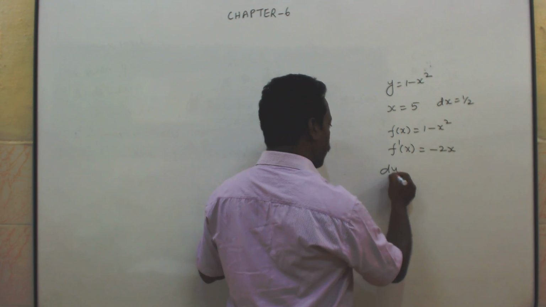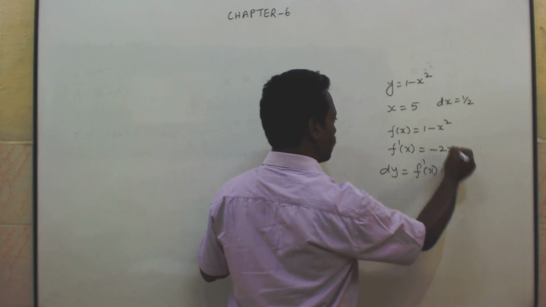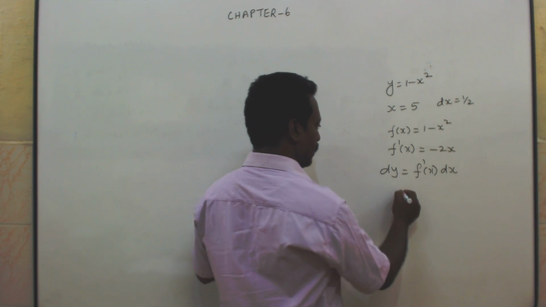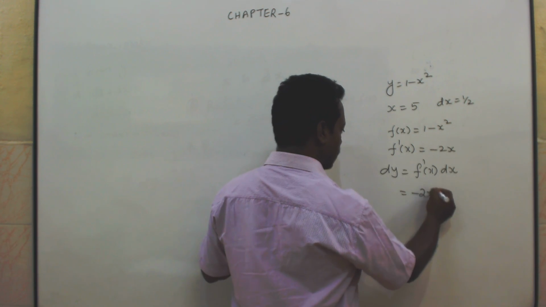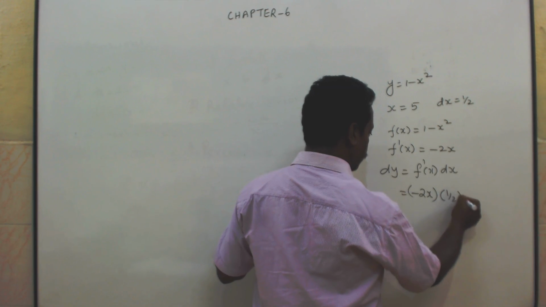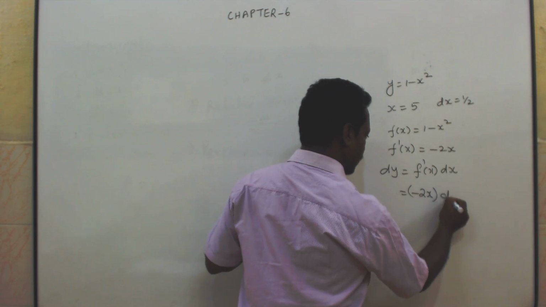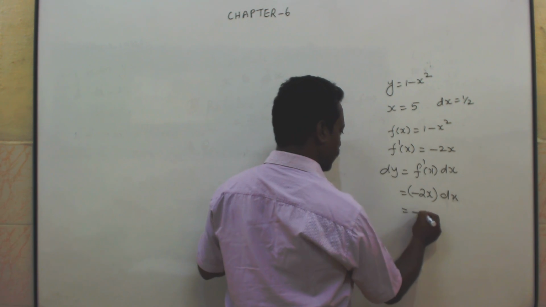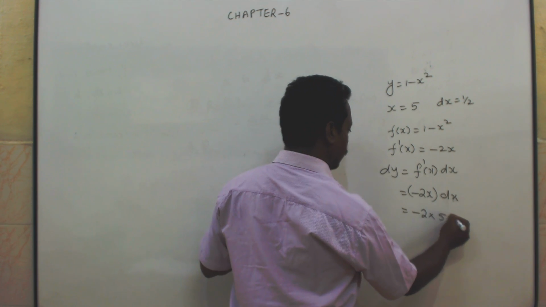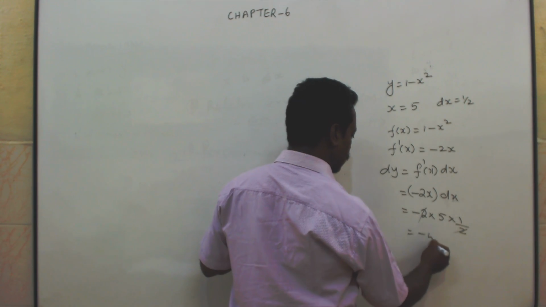Then dy formula, f dash of x into dx, that is minus 2x into dx, dx value is 1 by 2. Next, we can substitute minus 2, x value is 5, dx is 1 by 2, the 2s cancel, answer is minus 5.